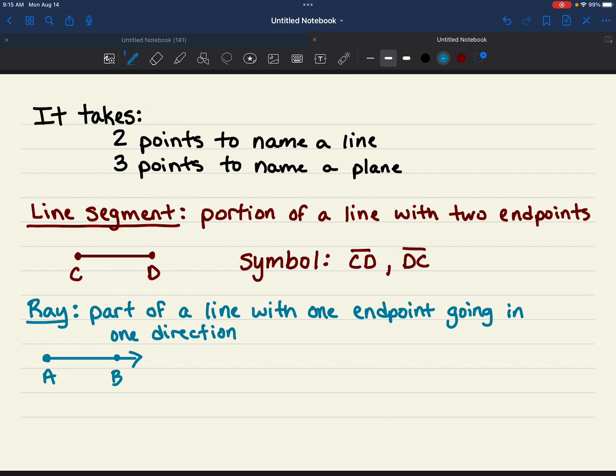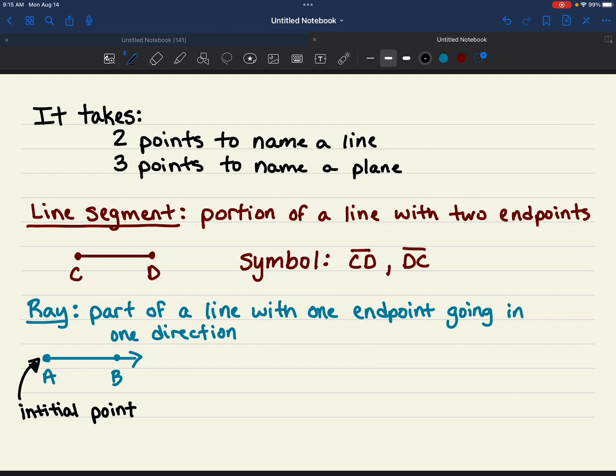Now, this one you do have to be a little careful on, okay? This point right here, didn't leave myself enough room, is called our initial point. Okay, because a ray has to have a starting point. So our initial point here is A.